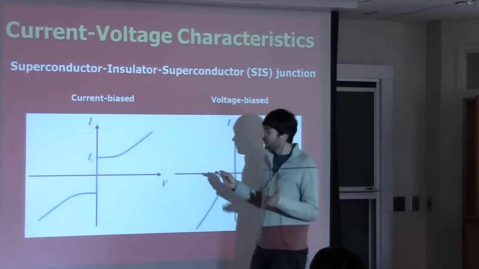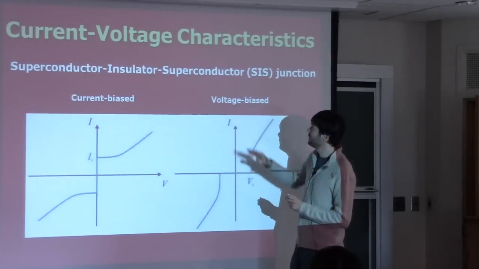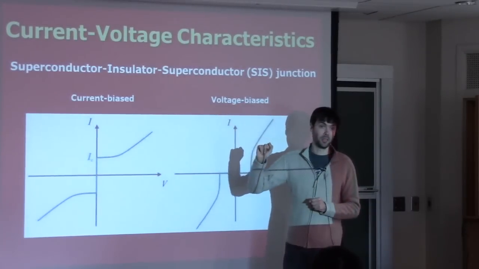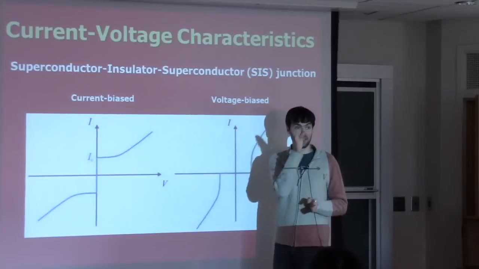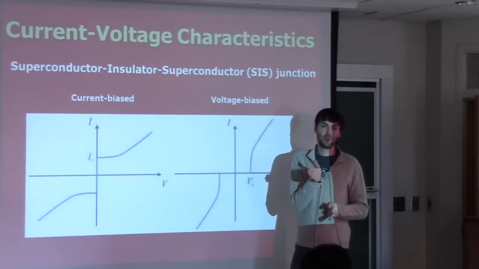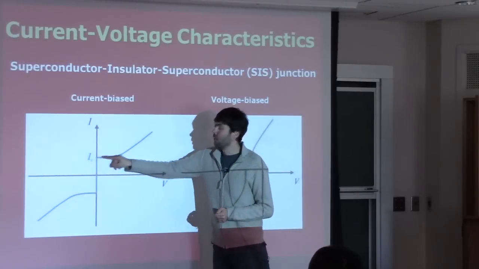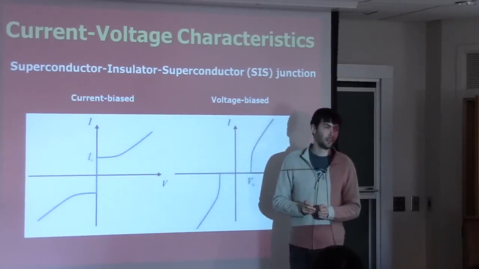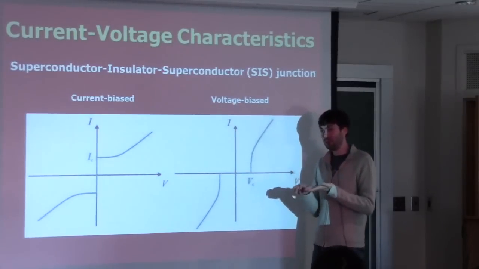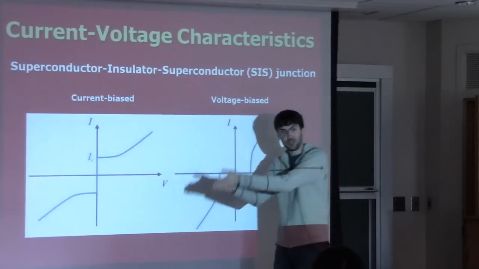So the amazing thing is that I told you this is not a piece of superconductor. It's two pieces of superconductor separated by nothing, or for sure by a non-superconductor. And still, we can have current without any voltage. So that means this zero resistance state somehow jumped from one piece of superconductor to the other.